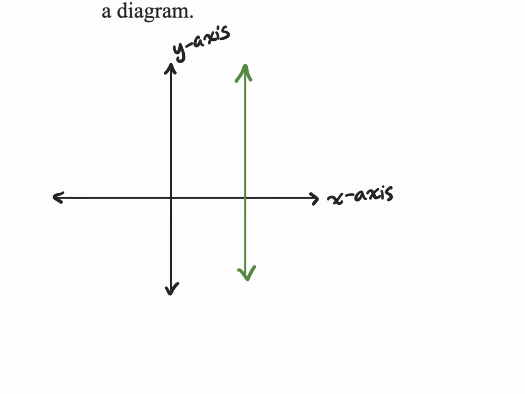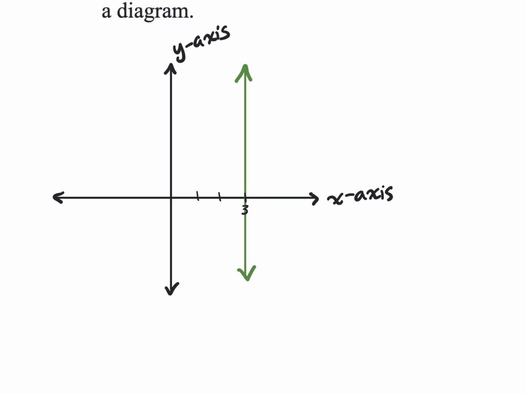In order for it to be a function, we have to be able to determine what the output will be for any given input. Meaning, if I tell you that this is at x equals 3.